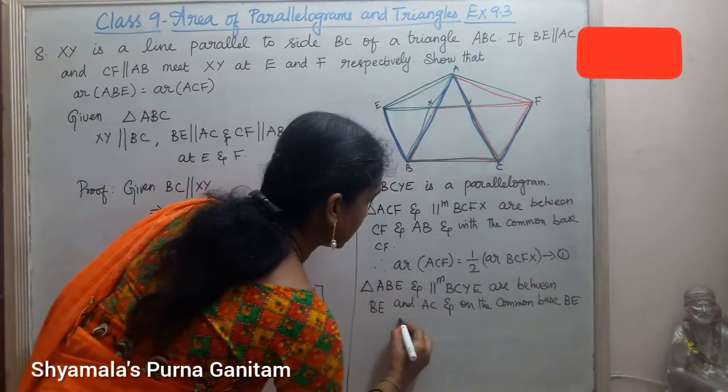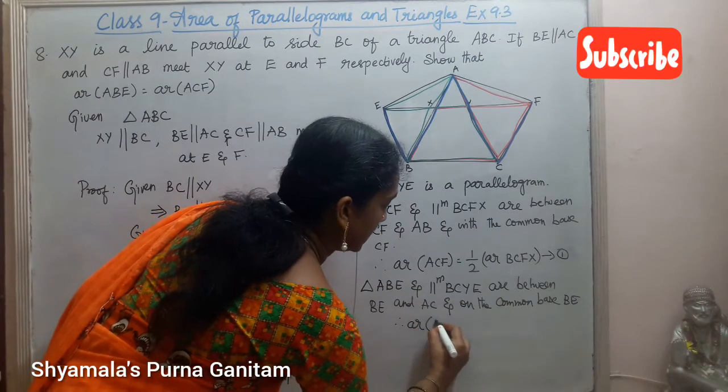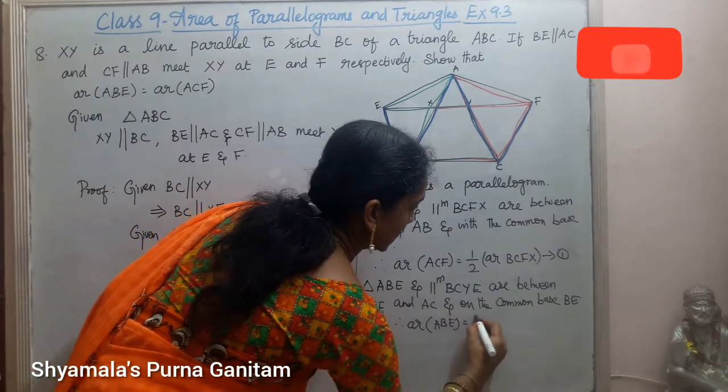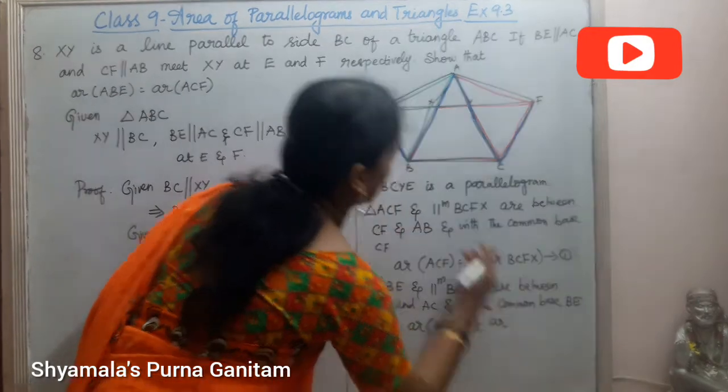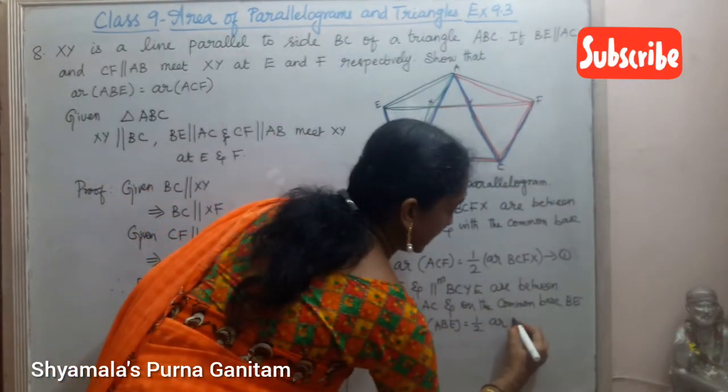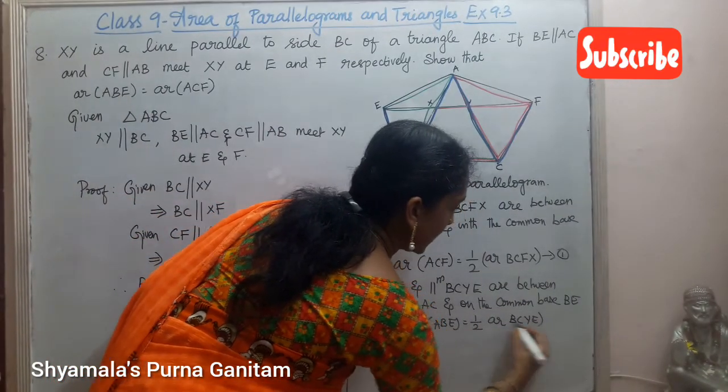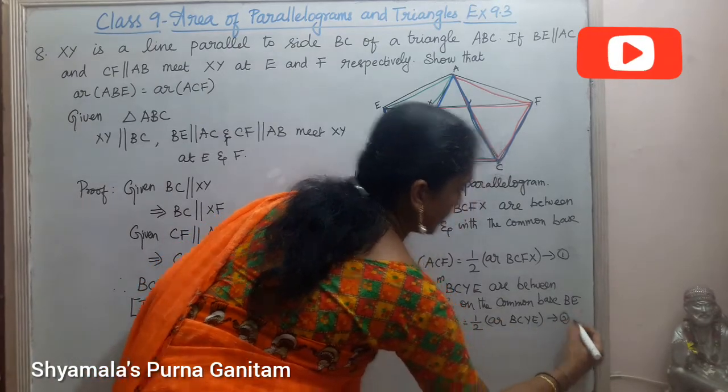So we will get area of ABE is equal to half the area of BCYE. So this is the second equation.